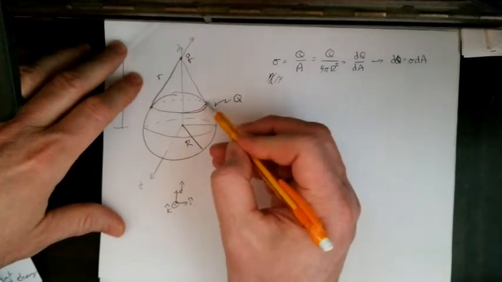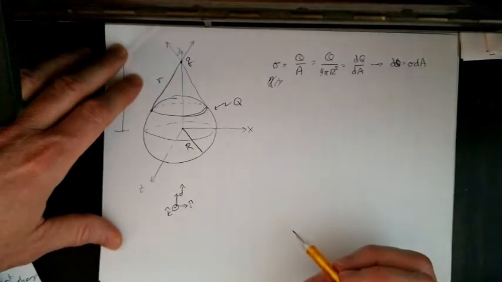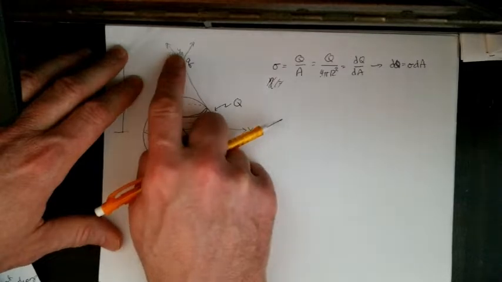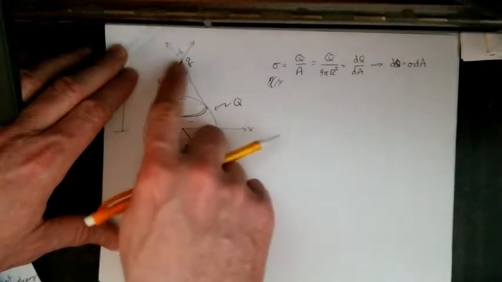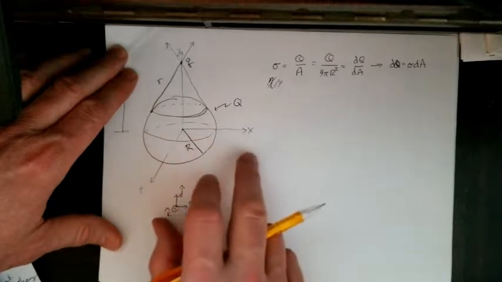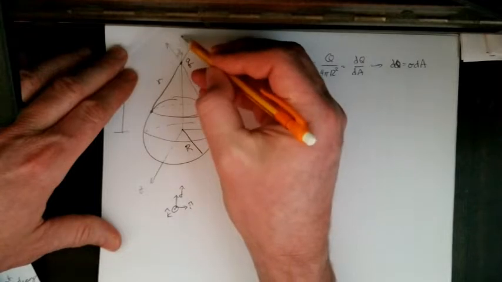And from this point right here, there'll be a force in that direction. Notice the symmetry here: whatever the force is, the horizontal components, as I've written them, the components in the x and z parallel to the xz plane will cancel out. The only force that will remain is the force in the y direction.